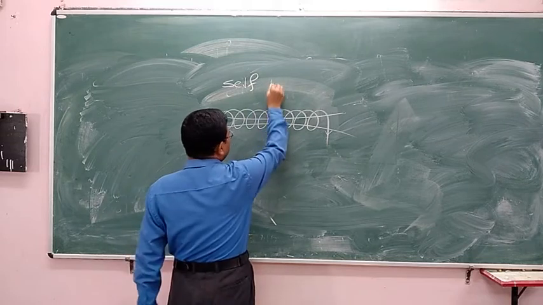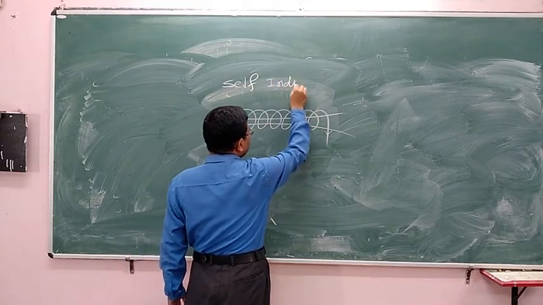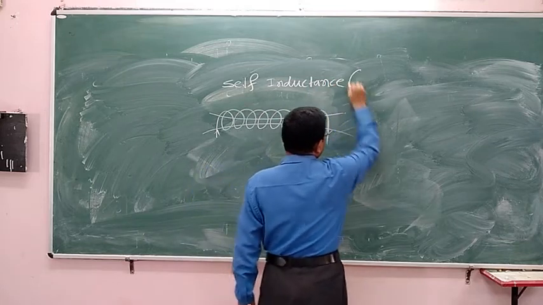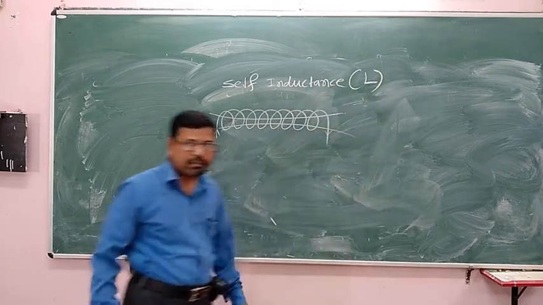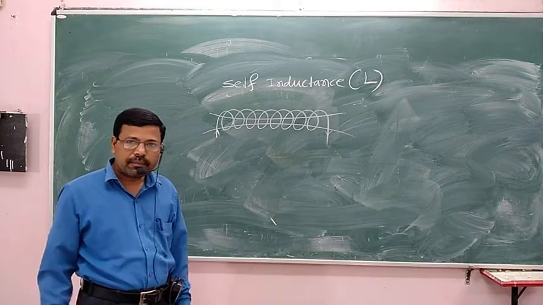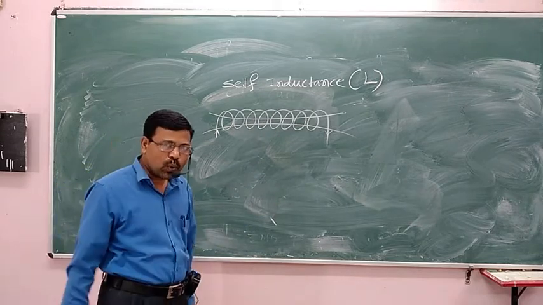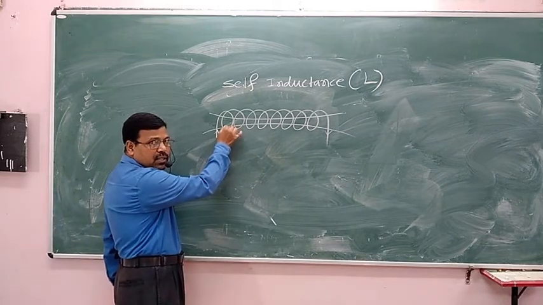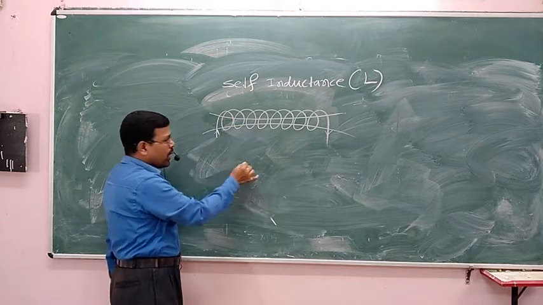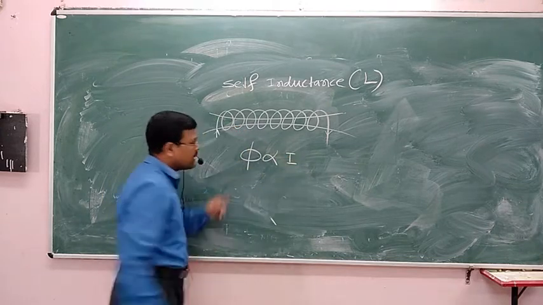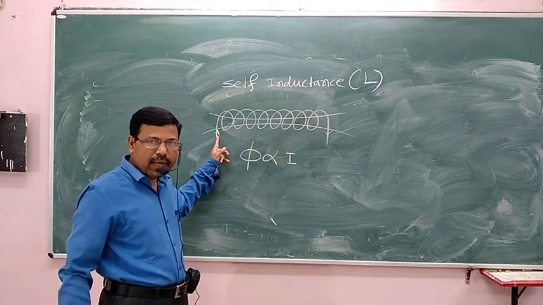Now let me discuss self-inductance, which is denoted by the symbol here. As I have told you, the magnetic flux linked with the coil depends upon the current passing through the coil.